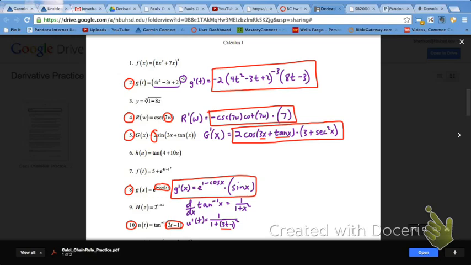So we don't have just a t, we have a 3t minus 1. Since that's not just t, then we have to multiply by the derivative of that thing, and the derivative of 3t minus 1 is just 3.